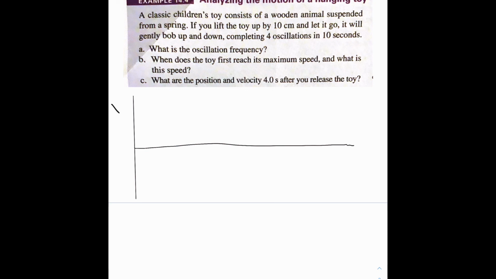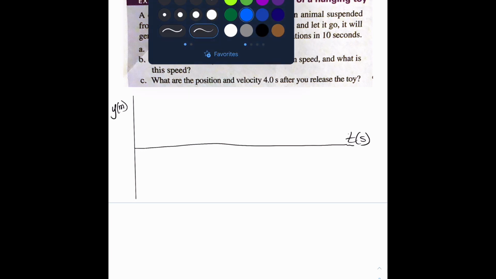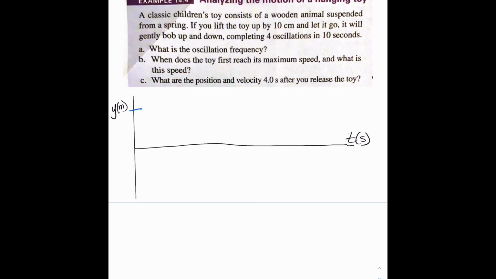Oops, I was hoping that was going to work. I guess it's about the y-axis, right? So I'm going to call this its y position, and this will be time in seconds, and we'll say that its amplitude is 10, so I'm just going to say 0.1. Might as well make that switch, right? So this is 0 or positive 0.1 meters, and down here is negative 0.1 meters.